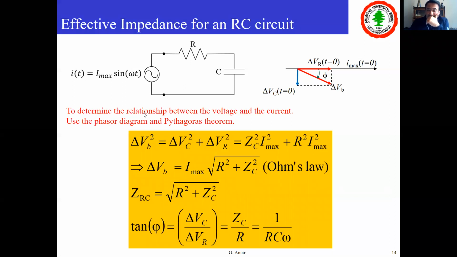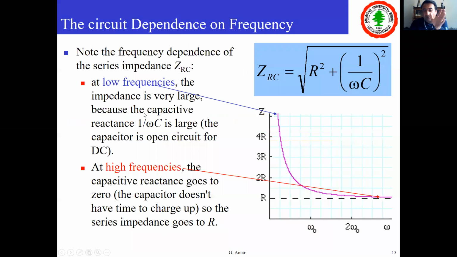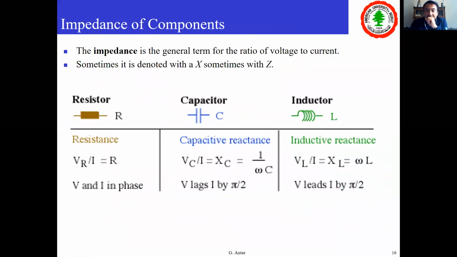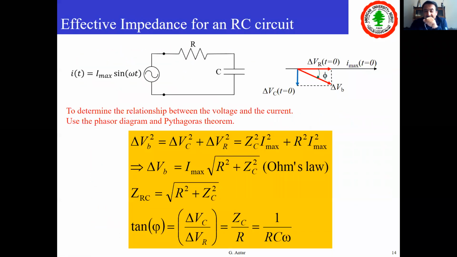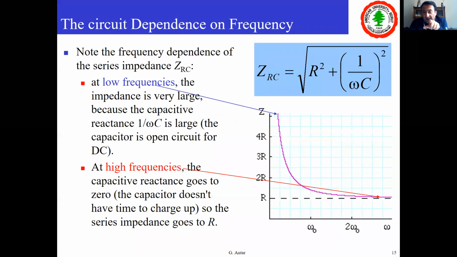Okay, now let's get things a little bit more complicated. Or before I go, let me discuss a little bit what happened here, okay? Now you can see in my Z, there's not only the values of the resistance and the capacitance, but also the value of omega, and omega is going to play an important role.